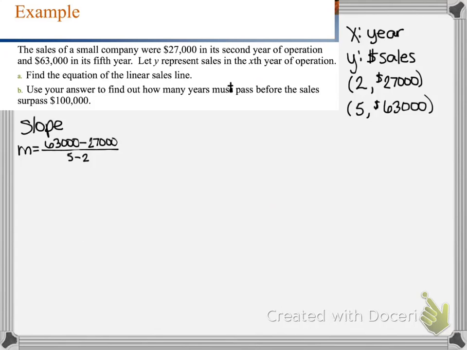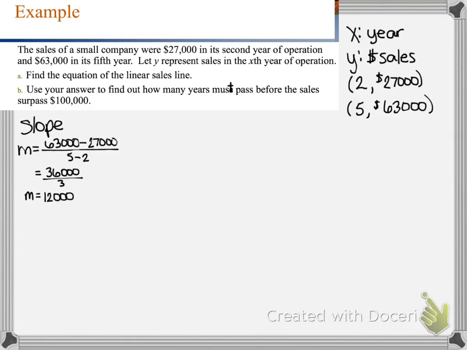There's our slope. Can work that out. Top part, we're going to have 36,000 over 3, and continue to reduce that. We've got a slope of 12,000. That's your slope, that's your m.